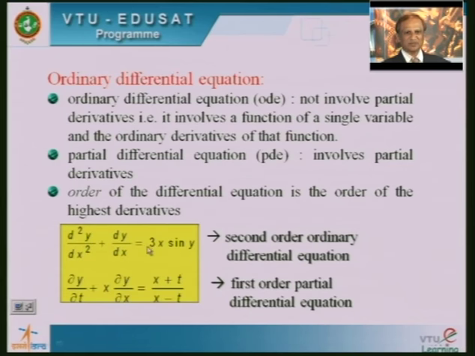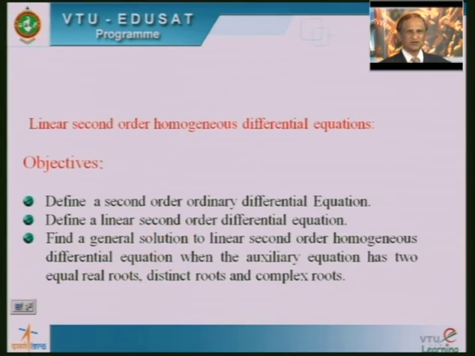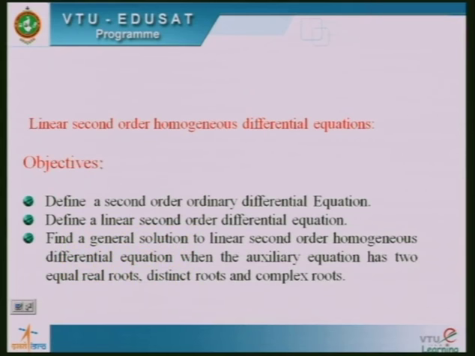Now in exactly the similar way we can define PDE, meaning partial differential equation, right. It contains some partial derivatives as well as some other variables. This equation is called a first order partial differential equation. Okay, so now we are able to understand what we mean by ordinary differential equation, right.